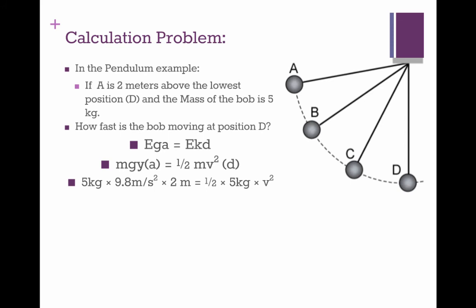Then the EK, 1/2, the mass, which is 5 kilograms, times the velocity squared. Solving that equation, we do get 98 is equal to 2.5 v squared. Dividing by 2.5 and taking the square root gives us a velocity of the bob at position D of 6.26 meters per second. We will be doing a lot of problems in class.